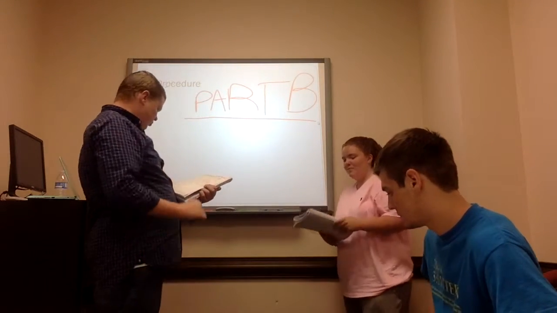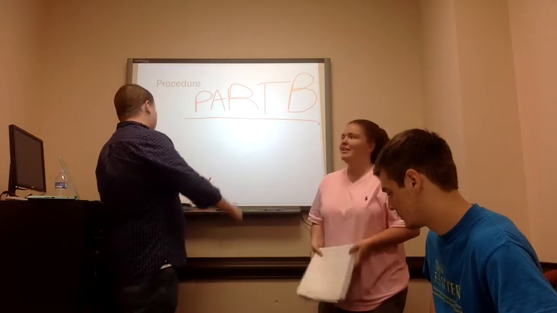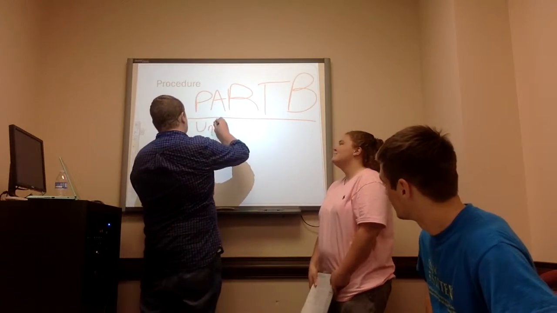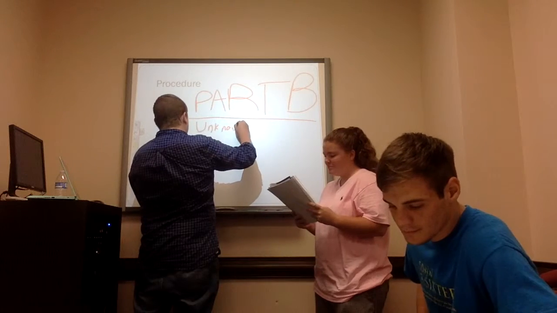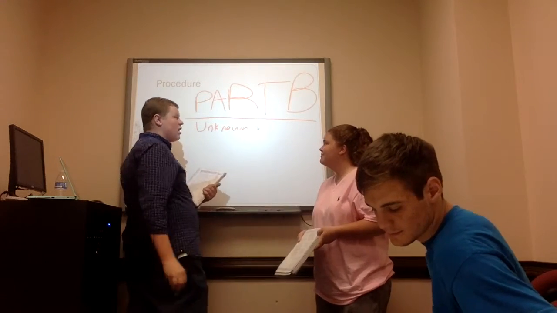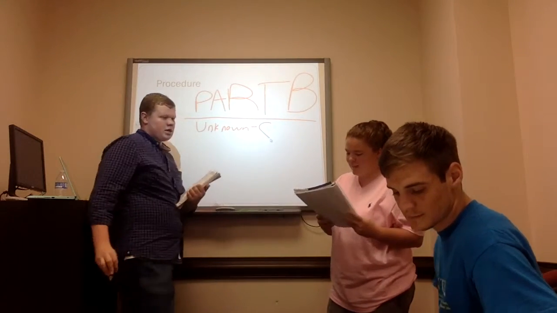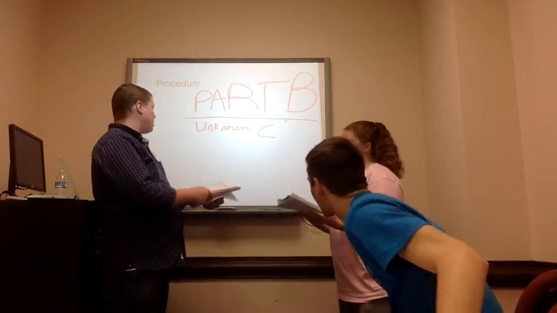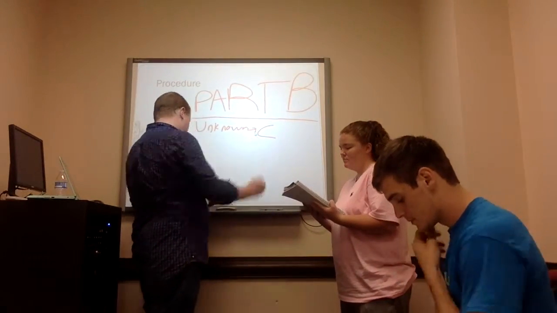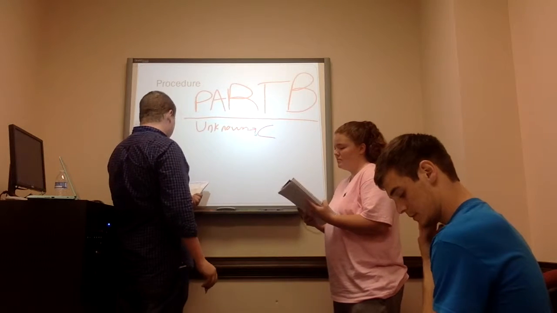So part B is for the unknown hydrate, and your unknown letter is C. You had unknown C. So your unknown was C, and what are the three possibilities for your unknown hydrate?